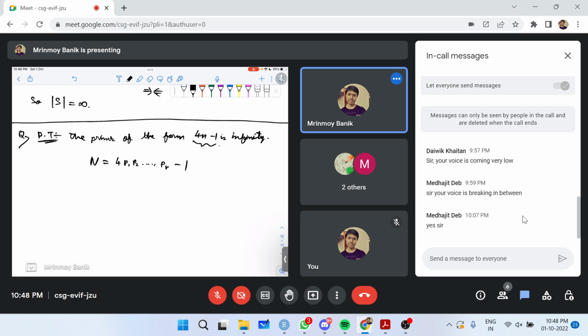Since this one has an exact property: if this has a prime factor p, then that p has to be of the form 4n minus 1. Why is that so?